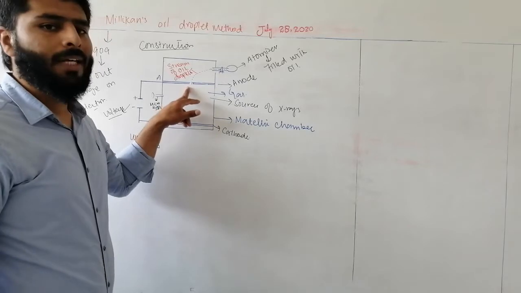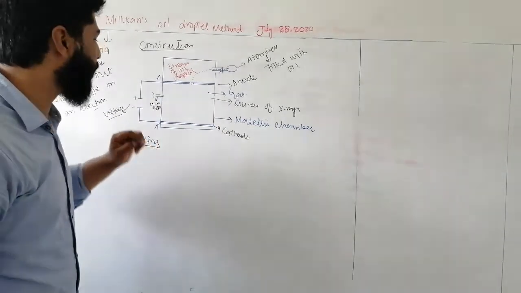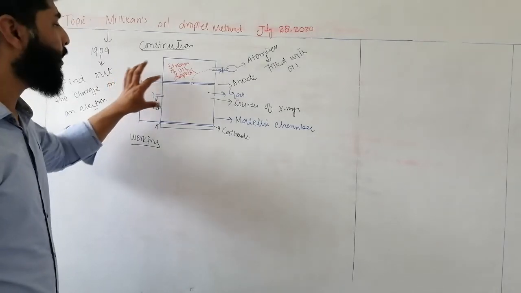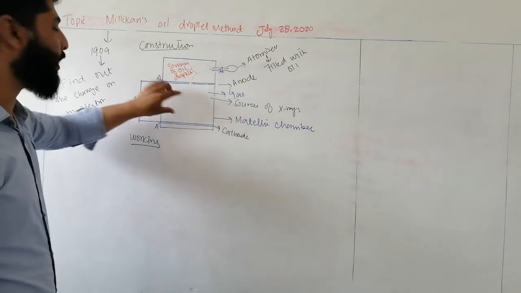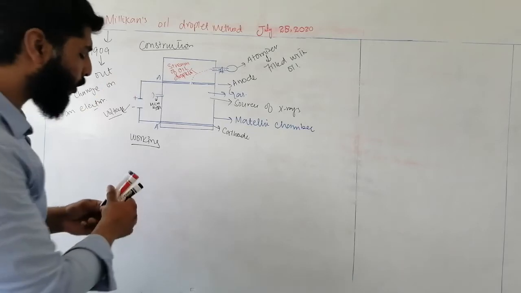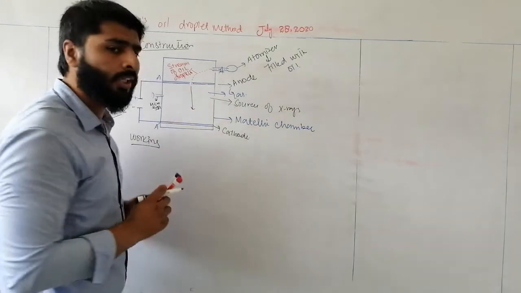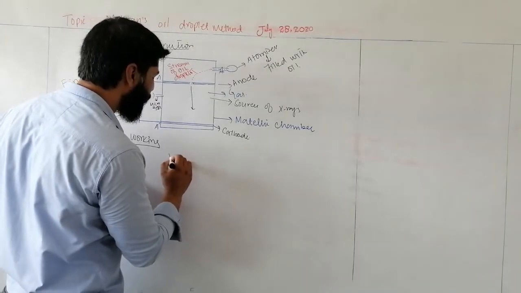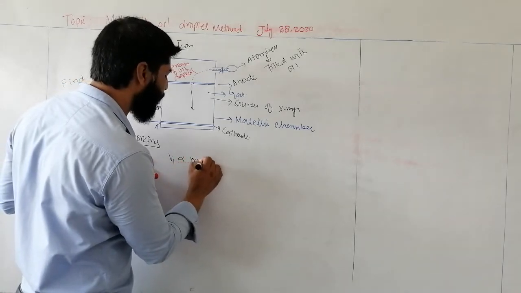One of the droplets was observed at a specific time interval by using the microscope. Initially, when the droplet moved under the action of gravity in the absence of an applied electric field, the droplet fell down and moved with the velocity v1, which was directly proportional to its weight.